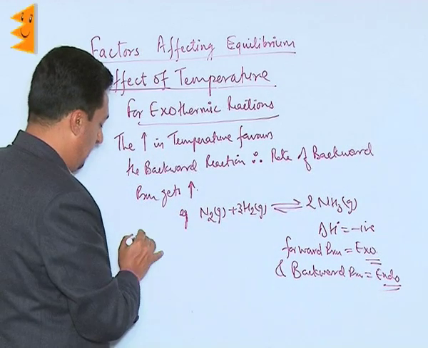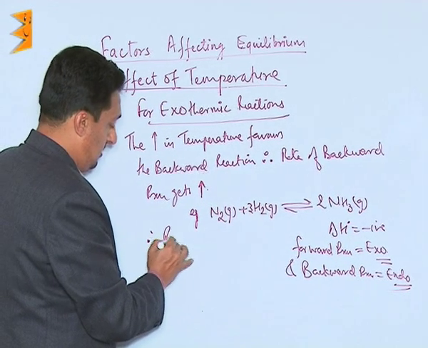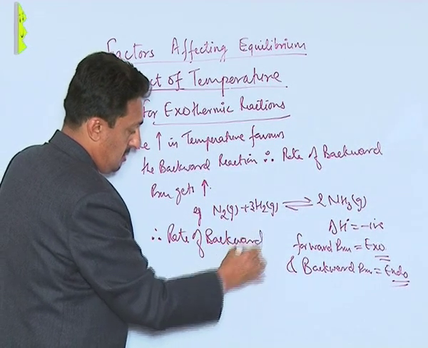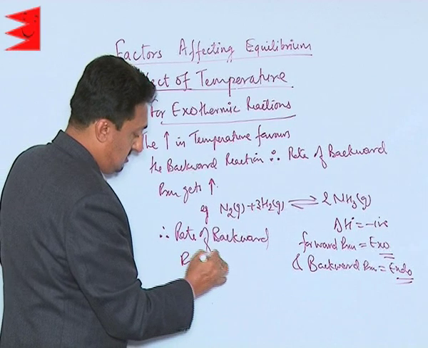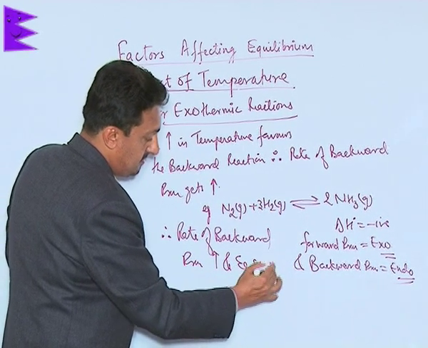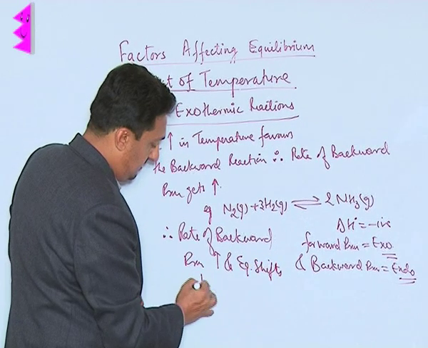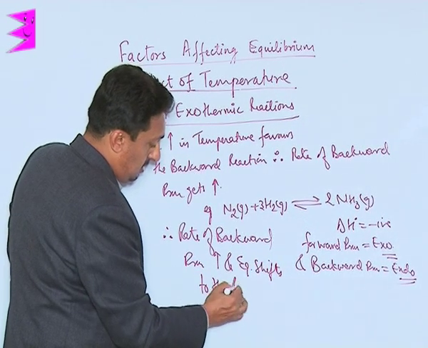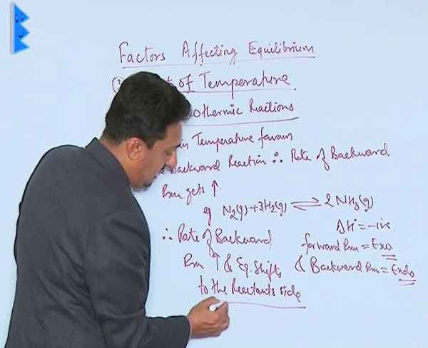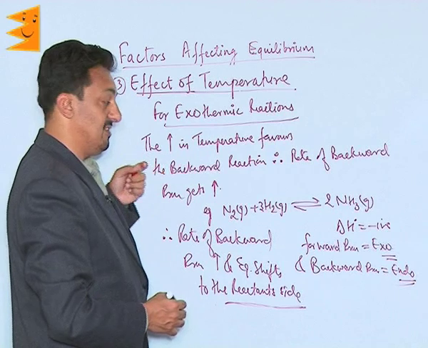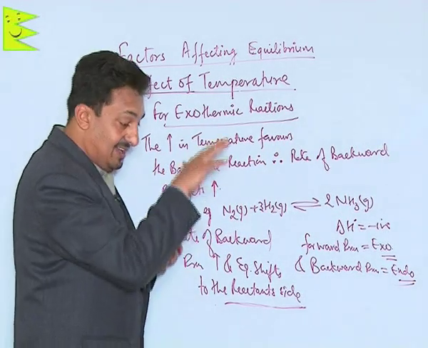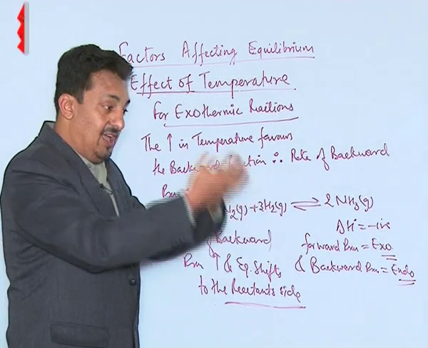So therefore, the rate of backward reaction increases and equilibrium shifts to the reactant side if temperature is increased.